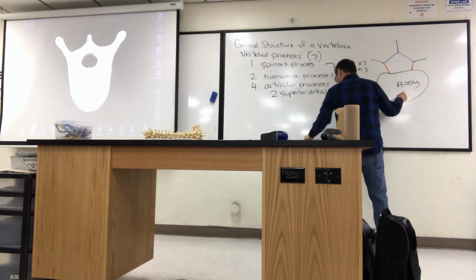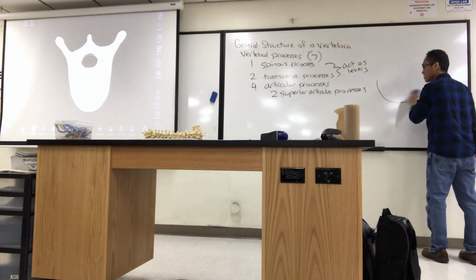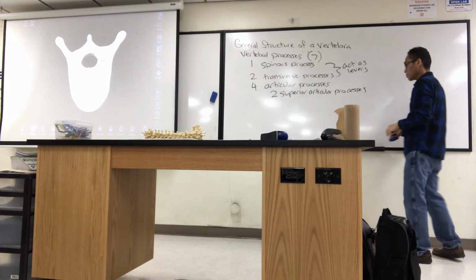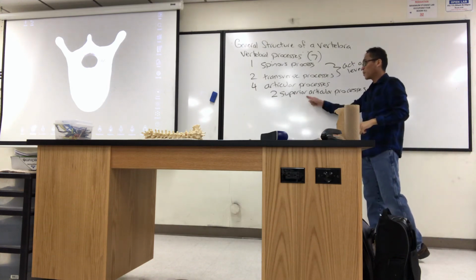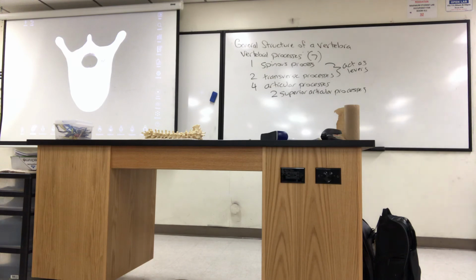Can't draw it here, I'm going to erase this picture. They're superior. So let's look at this vertebra from the side, a lateral view. This one happens to be from the thoracic region.